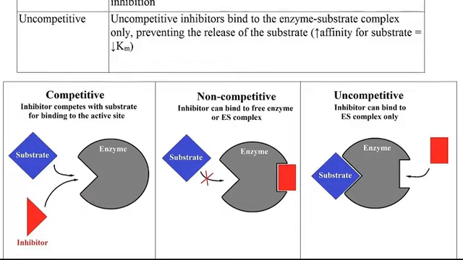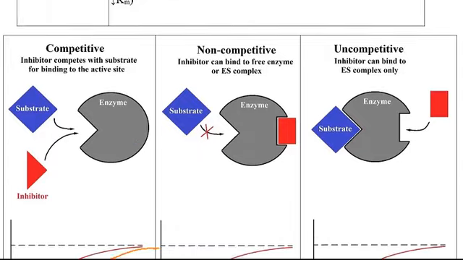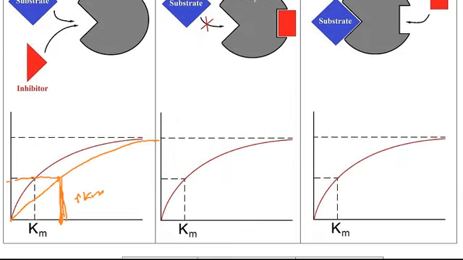So here I'm showing you a non-competitive inhibitor. Once the allosteric site is bound by the inhibitor, the substrate can no longer bind to the enzyme. The affinity is still the same, so Km will remain the same, but since the enzyme is non-functional, the rate or Vmax of the reaction has been reduced. So in this example, we will have something like this.